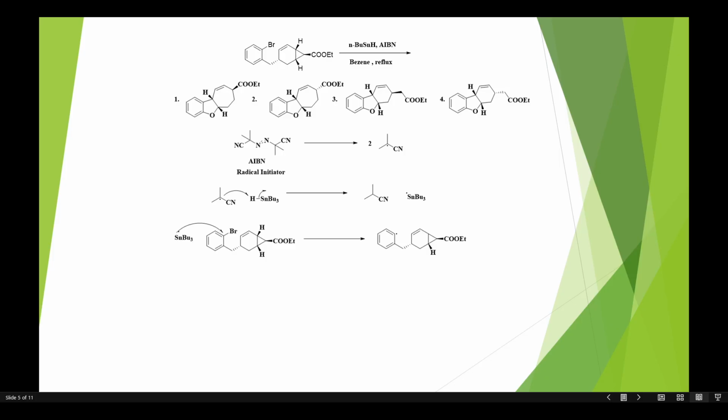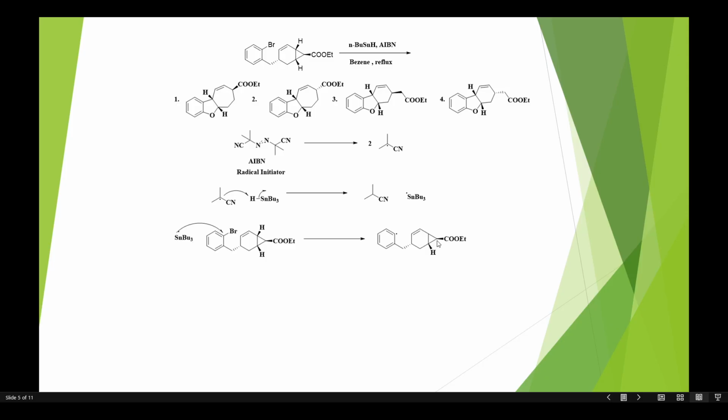Generally, radicals are very active towards a cyclopropyl ring and alkene, alkyne. They are much more reactive towards alkene, alkyne, and cyclopropyl rings also. But in this particular case, we have alkene and cyclopropyl, and alkene attack will be much easier as compared to cyclopropyl.